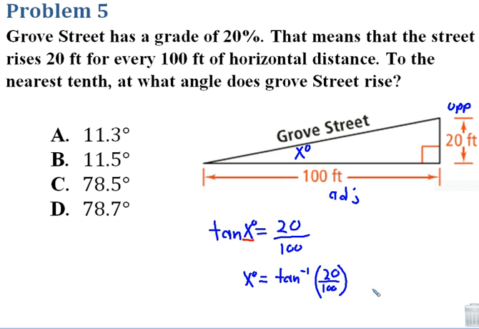Second tangent, 20 divided by 100. And when I plug that in, I end up with 11.3 degrees, which looks like option A. When we have a grade of 20%, that means that our road's rising at 11.3 degrees. So again, we can also use our trig ratios to find an angle when we're given two sides of a right triangle.